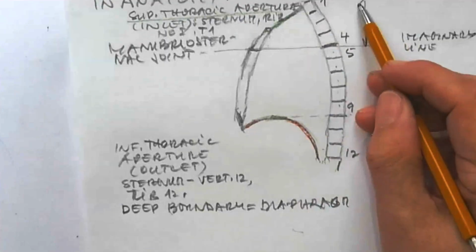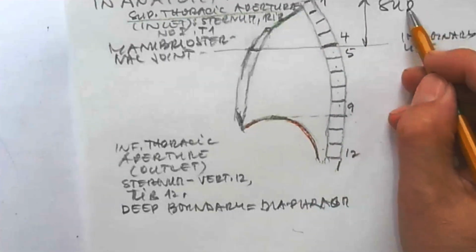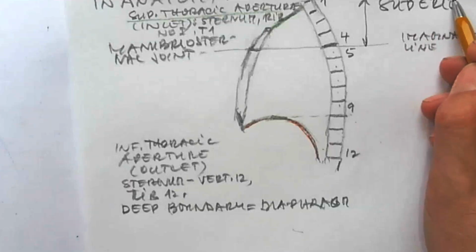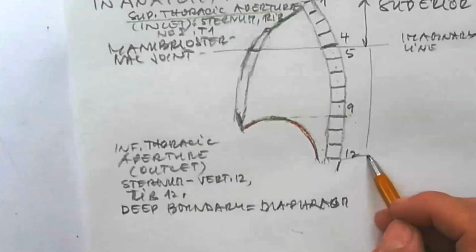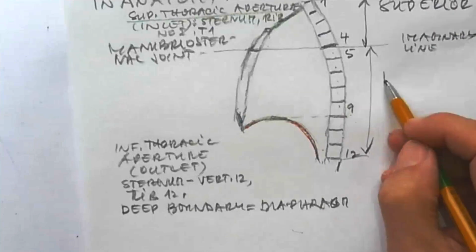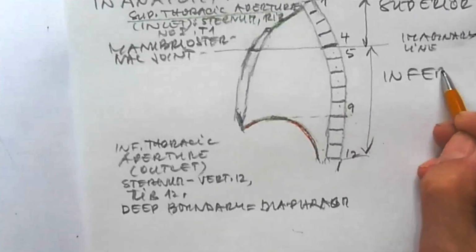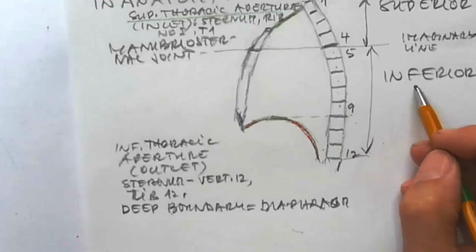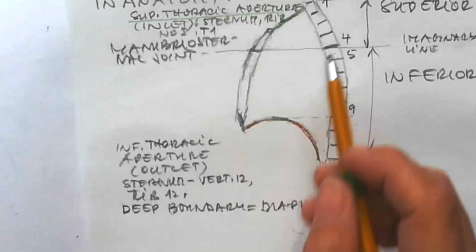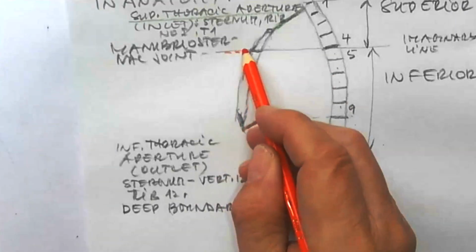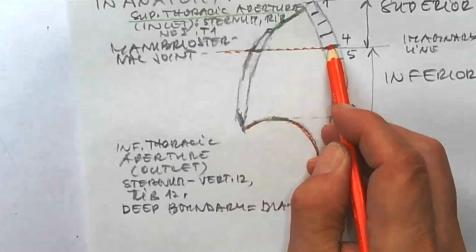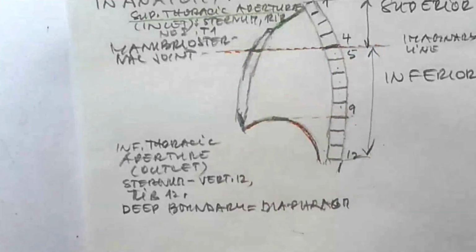So concerning the first one, we call it superior mediastinum. That one up to here is the inferior mediastinum, which lies below that imaginary line. Maybe we can draw it using red for an interrupted line.